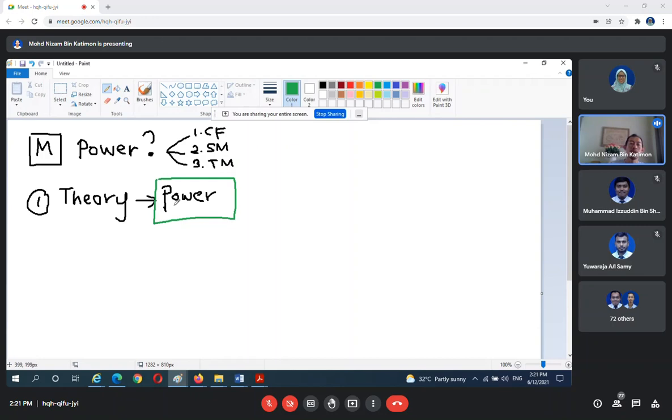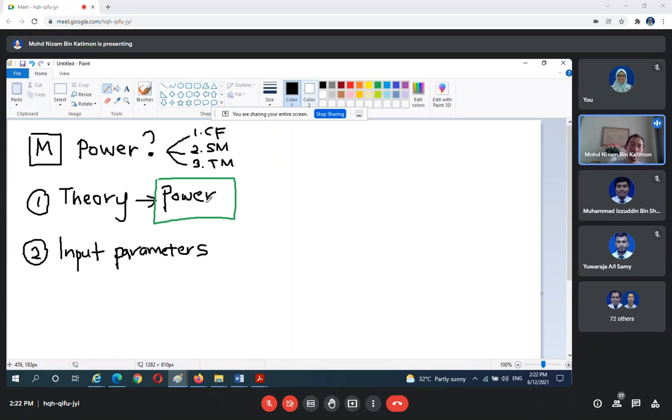Then the second thing is to get the input parameters to determine what is the required power.